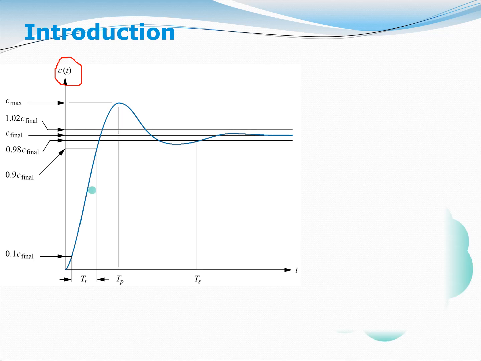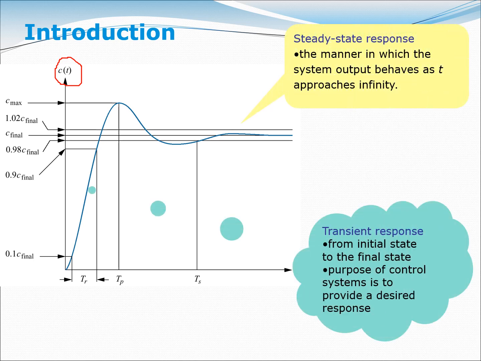Okay, and in the control system theory, this output response is divided into two parts. The first part is the transient response. Second part is the steady state response.